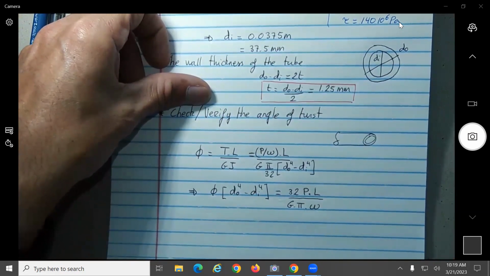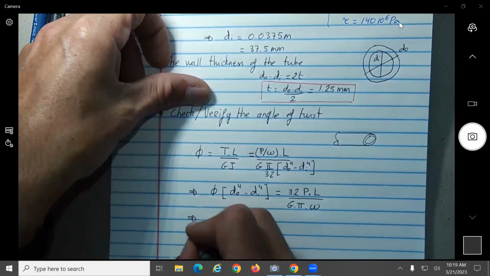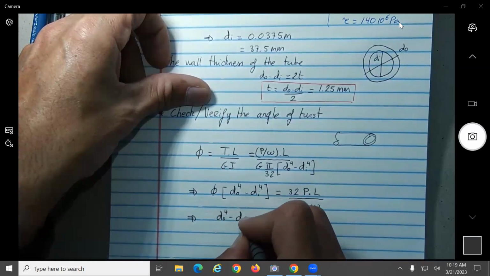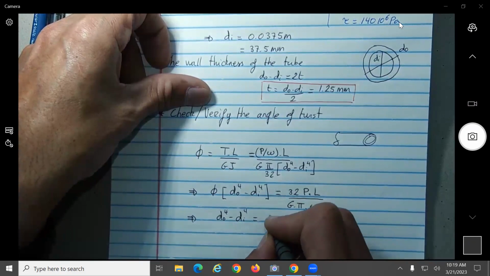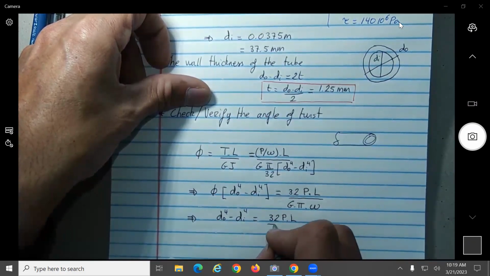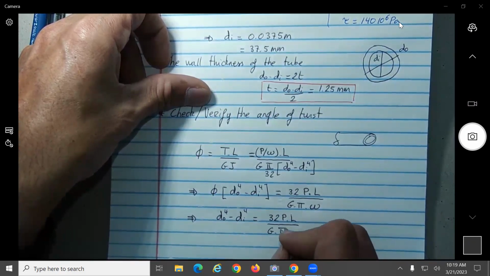Thank you again. So now we have d outside to the fourth minus d inside to the fourth equal to 32 P times L divided by G pi omega phi.